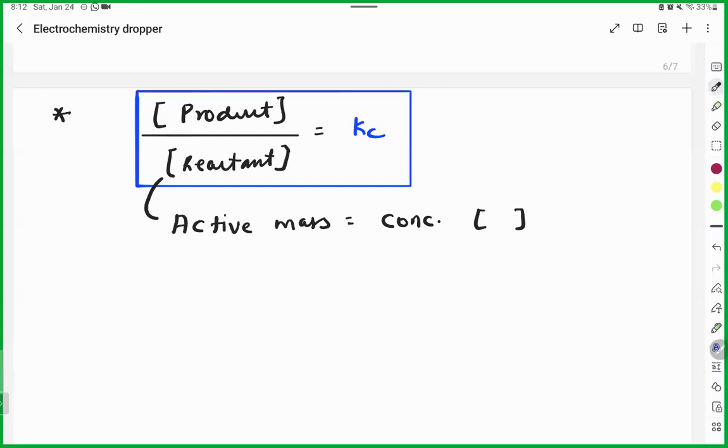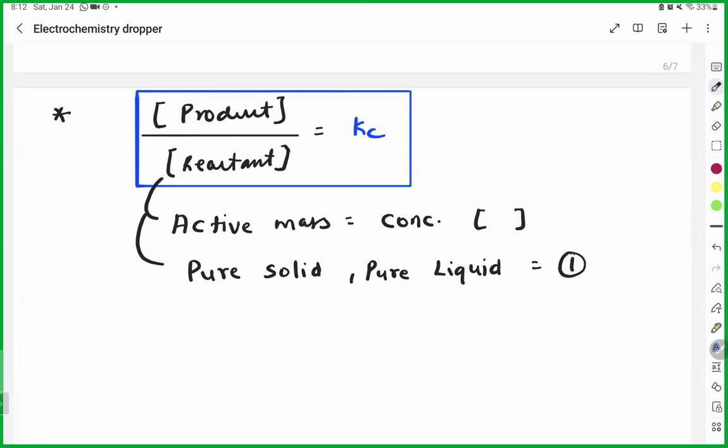If you take a pure solid or pure liquid, in this case your concentration value will be equal to 1 or unity because it is not changing with time. Your concentration value will remain the same because it will not change with time. So active mass will be like concentration, with brackets like this, and for pure solid and pure liquid, this.